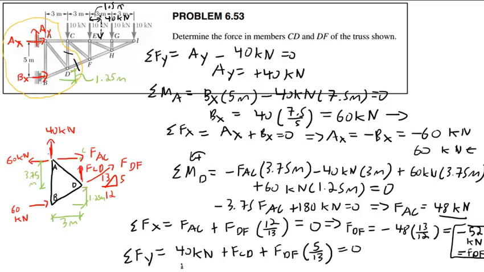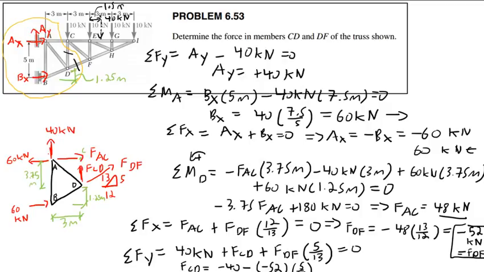However, FCD then will be negative 40 minus negative 52 times 5 over 13, and I'm feeling exceptionally lazy. I could do that in my head, but actually, no, I can do this. Let me see. 52 divided by 13 is 4.